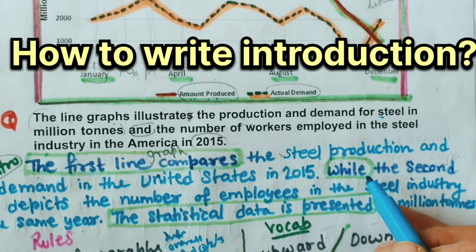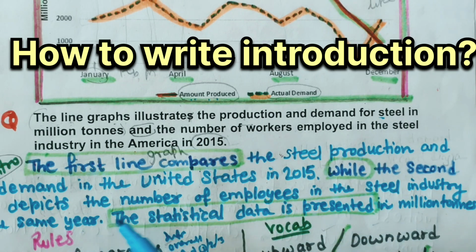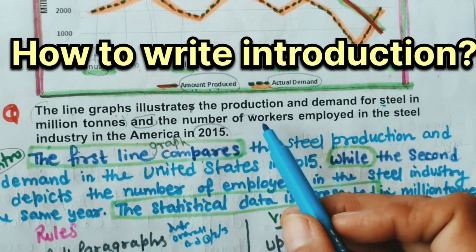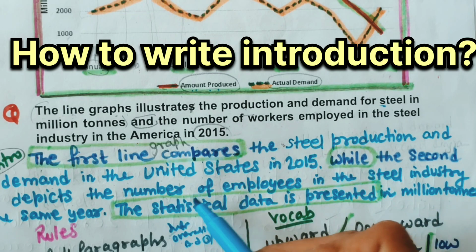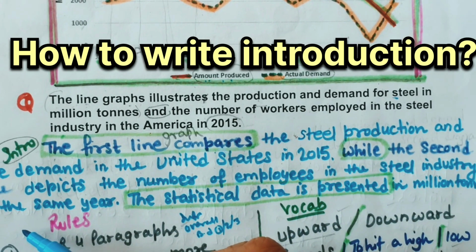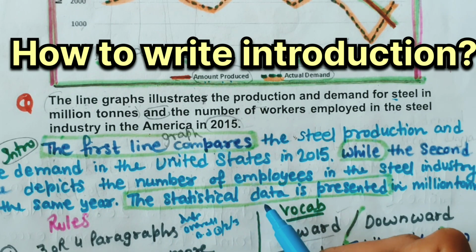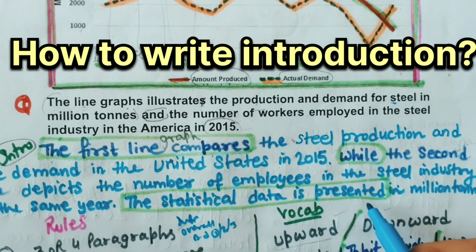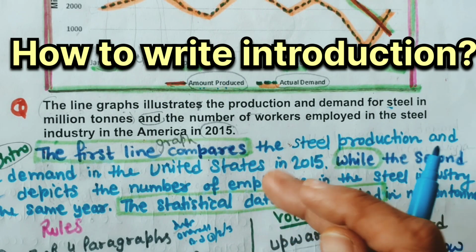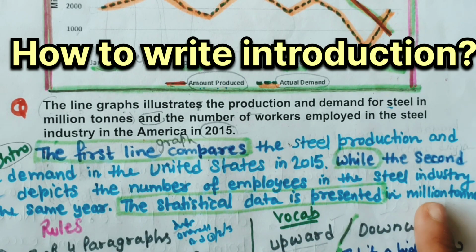While the second one depicts the number of employees, so instead of workers, I have written employees, in the steel industry in the same year. Now the statistical data is presented in million tons and in thousands. In thousands I have forgotten to write here.